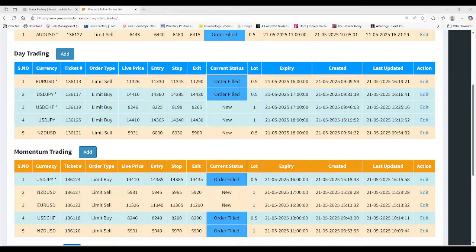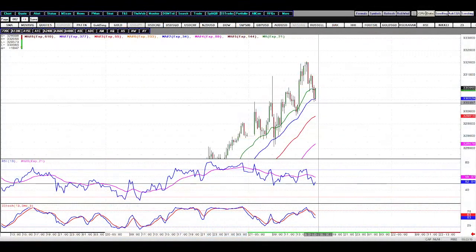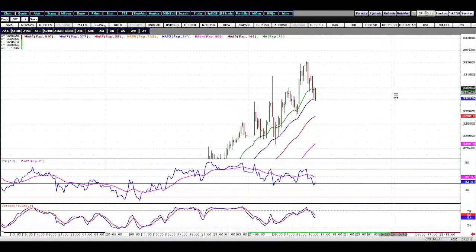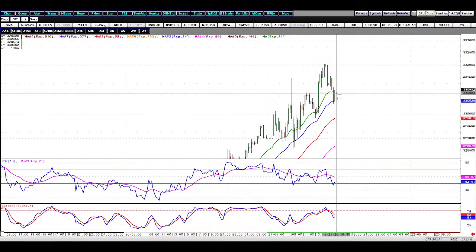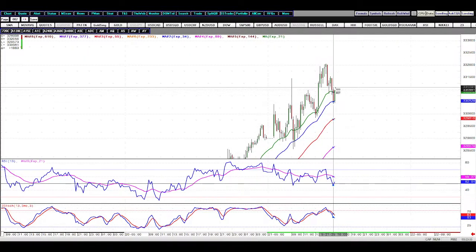Okay, my TP, I want to raise it to 3406. Okay, then I would want to go for a sell.